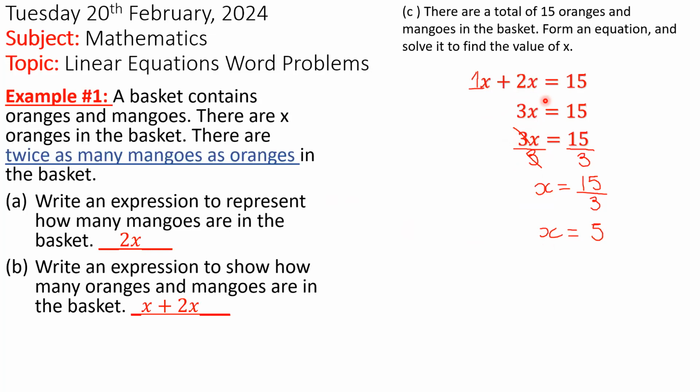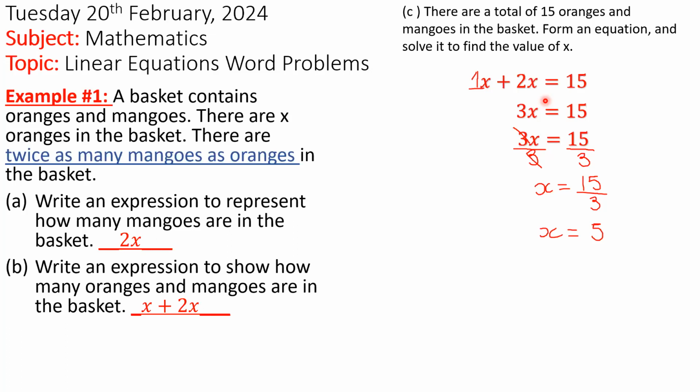15 oranges and mangoes in the basket. Form an equation and solve it to find the value of x. So for x, it says x plus 2x equals 15. When it's x by itself, basically that's a 1 in front of it. So you have to add that 1x plus 2x to get 3x, and bring down the equal sign and the 15.